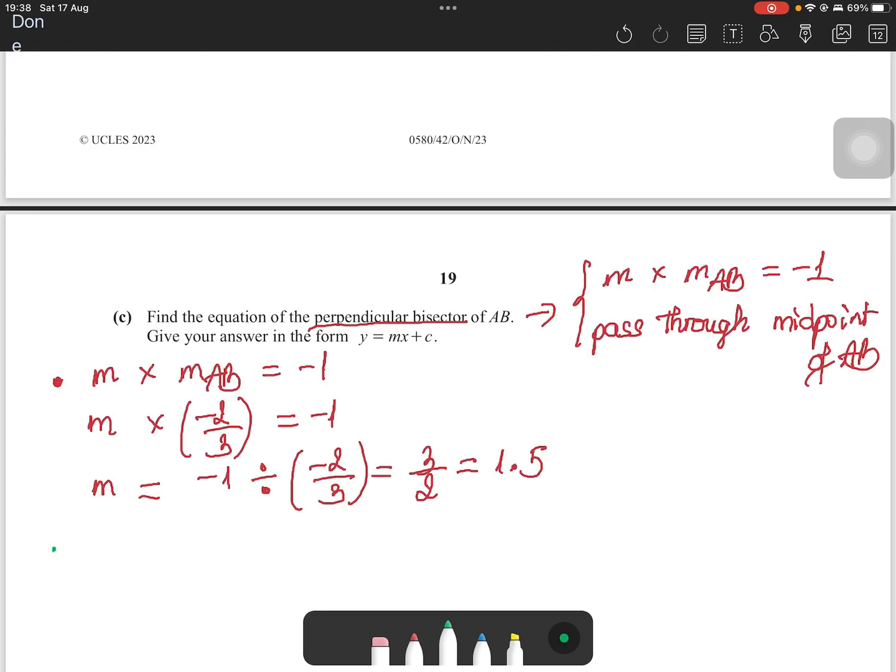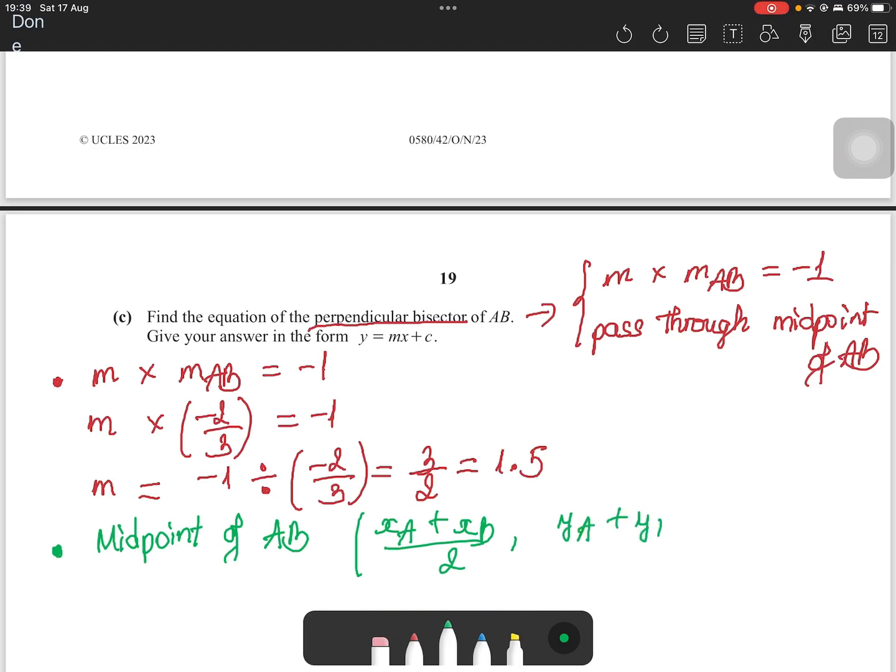Next, let's talk about the midpoint of AB. The coordinates of the midpoint will be the average of XA and XB, and also the average of YA and YB.